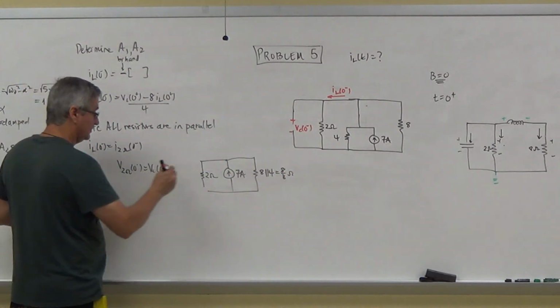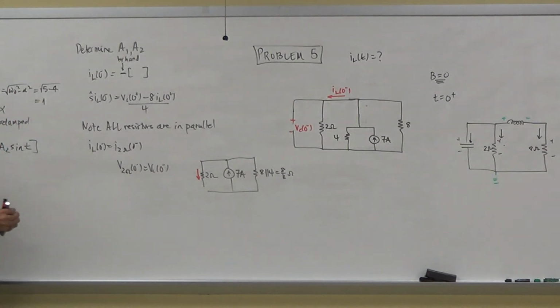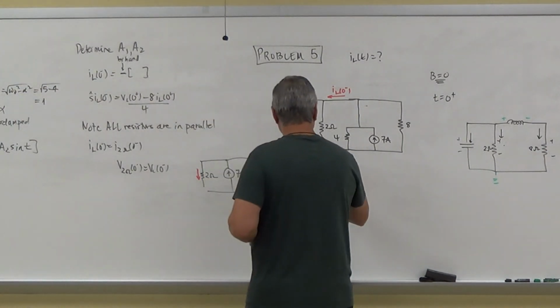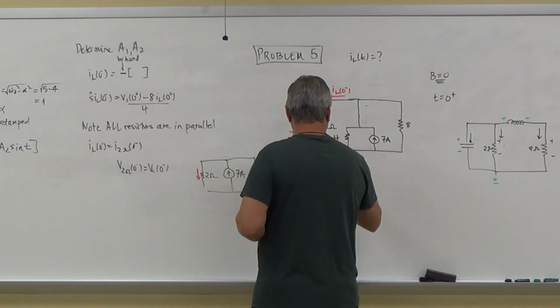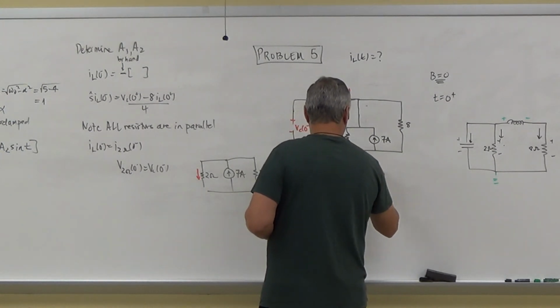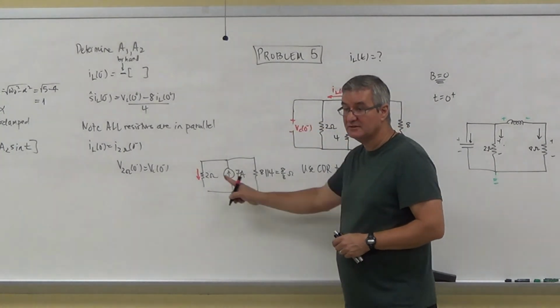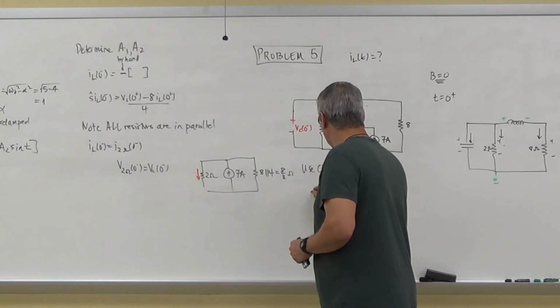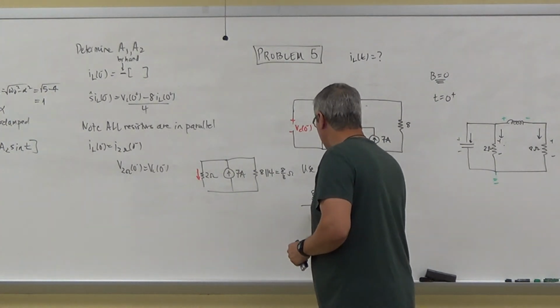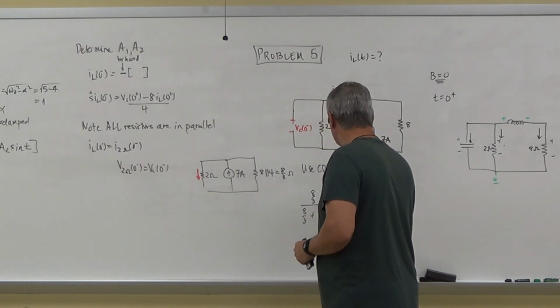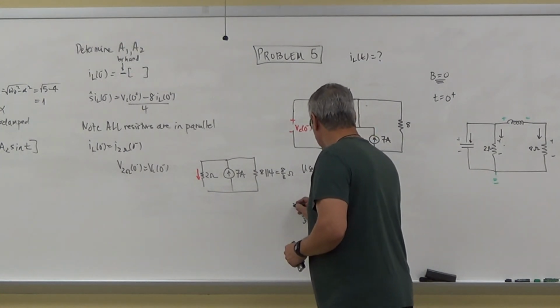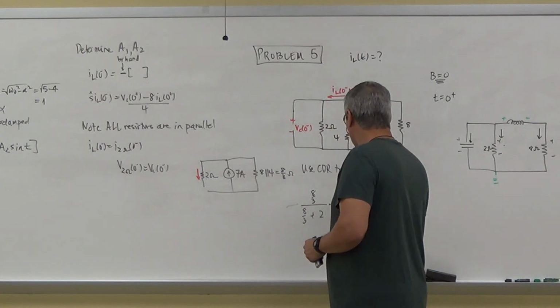So my whole job here is to get this current right here. What am I going to use? CDR. Okay, so I'm going to use CDR to get I 2 ohm. So here I go. It's the opposite resistor over the sum. So it's going to be 8/3 divided by 8/3 plus 2 times the current source, which is 7, and this will give me I of 2 of 0.